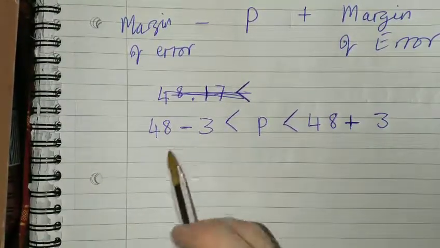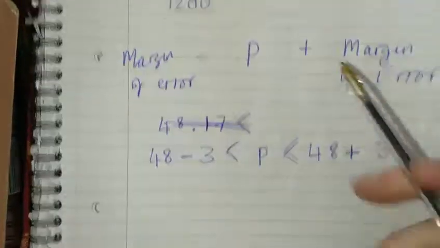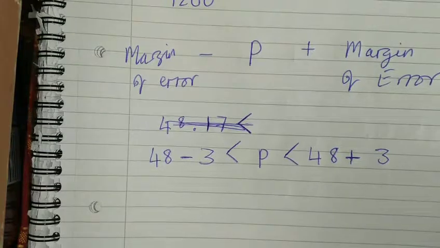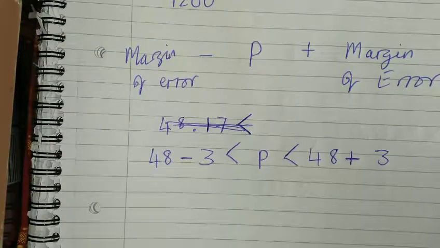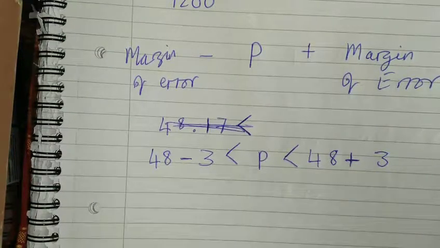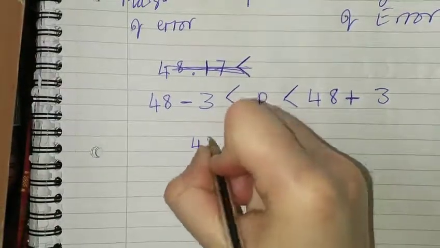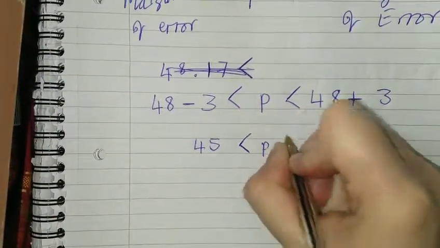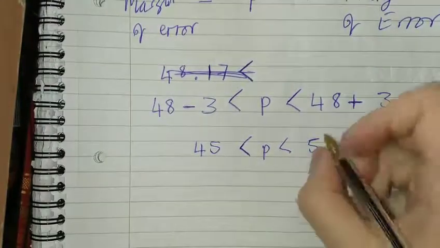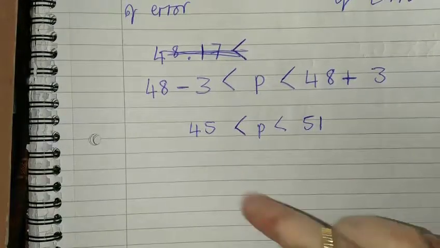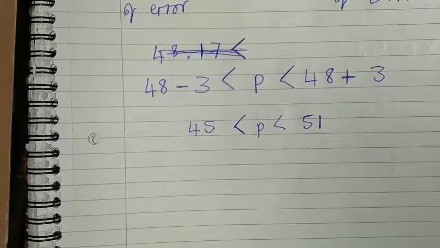We'll round to 48%, since we're dealing with the nearest percent. So the true proportion of people who think it will have a negative effect is going to be between 45 and 51%.